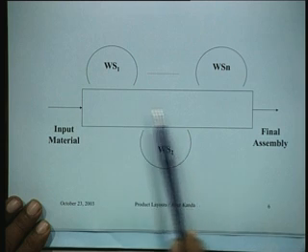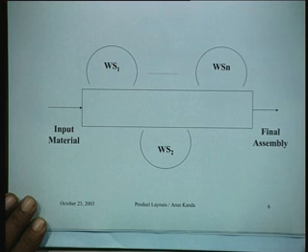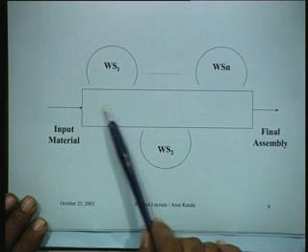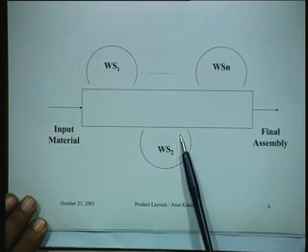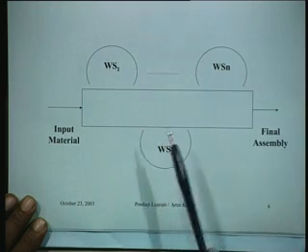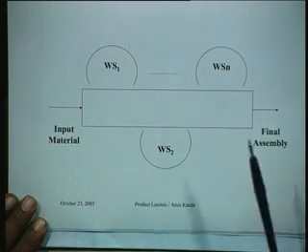What are the specific features you see in the assembly line? I think one of the immediate things which comes to mind is that this production is going to be much faster as compared to a process layout. Why? Not because these machines are more efficient. I mean, the same machines could as well have been used in the process layout, so that the total processing time for producing a part would be the same.